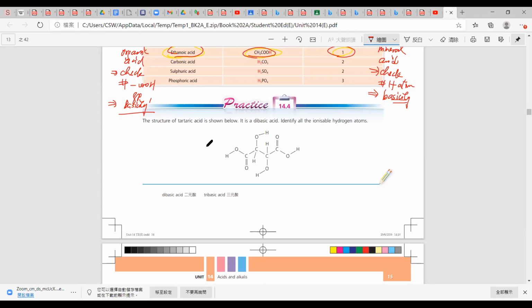What is meant by tartaric acid? So where will you find tartaric acid in nature? Do you know? Tartaric acid is commonly found in grapes.